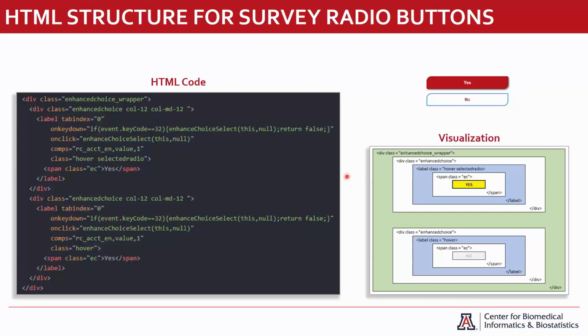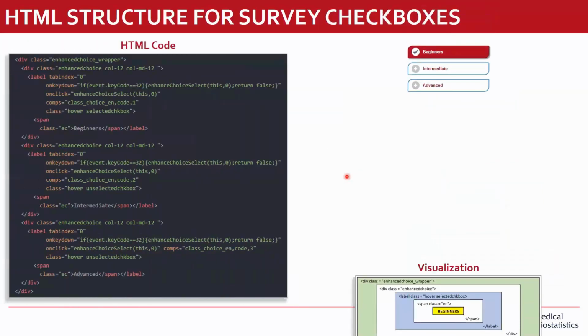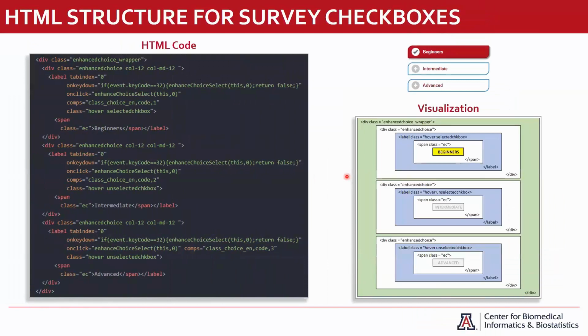So this is an example of the radio button, and this is an example of the checkboxes. It's a similar choice because both the radio buttons and the checkboxes in REDCap are using the enhanced choice. So they're both in an enhanced choice wrapper.